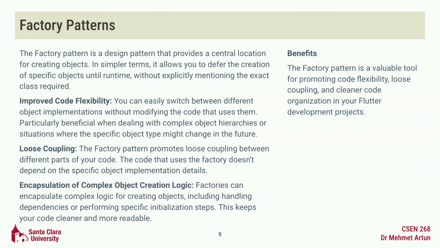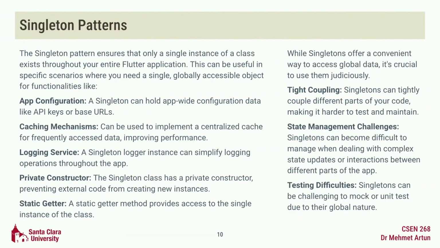Factory patterns, you may know it from your other classes, that there is a factory constructor for the objects. Again, it increases the usability of the code. The singleton pattern is a pattern for creating an object only when necessary and not creating multiple copies of that object.